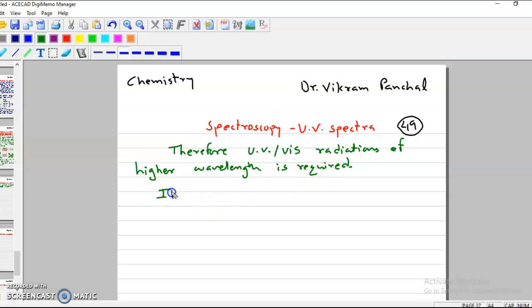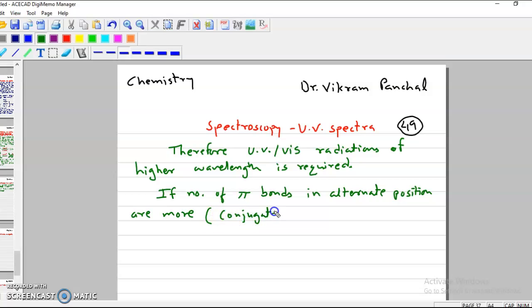If the number of pi bonds in alternate positions are more, it is known as a conjugated pi bond or conjugated system.